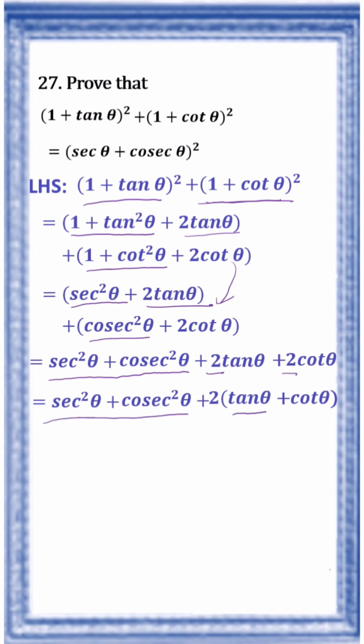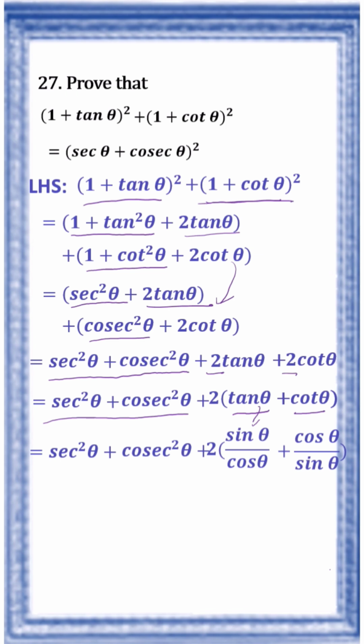Let us write tan θ and cot θ in sine and cos ratios. 2 into tan θ is sin θ over cos θ plus cot θ is cos θ over sin θ. Here LCM is sin θ into cos θ.